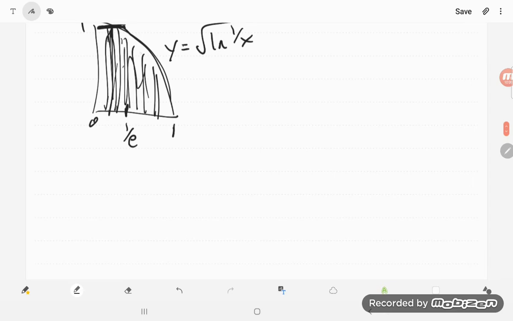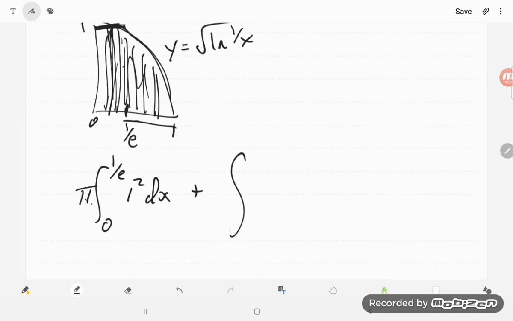So now if I make my disks this way, then from 0 to 1 over e, I just have my pi r squared, which is pi and 1 squared dx. But then from 1 over e to 1, I need my pi times the natural log of 1 over x, because I squared it, right?